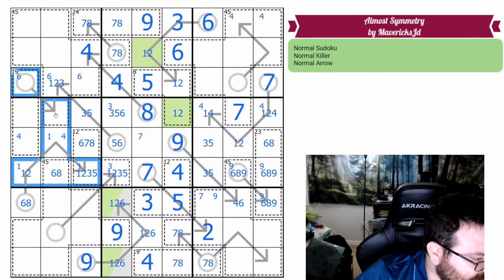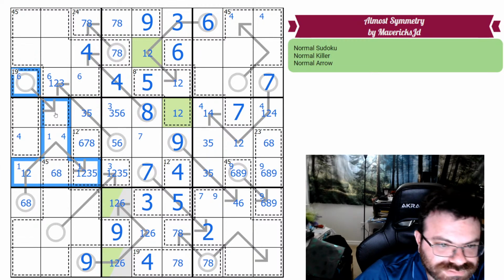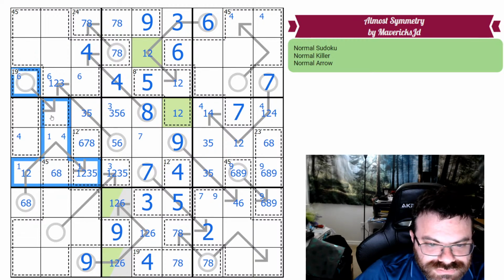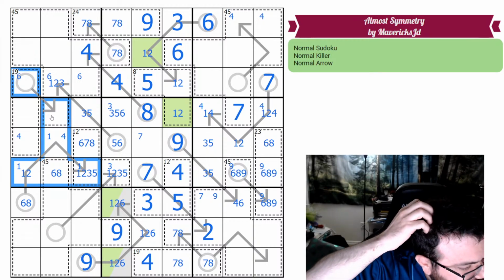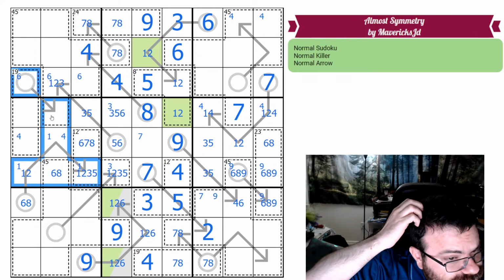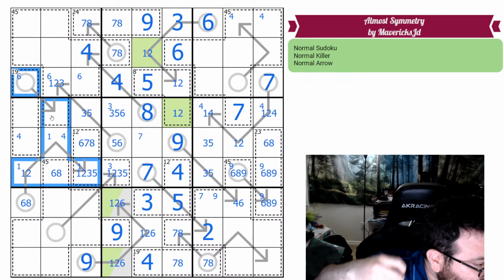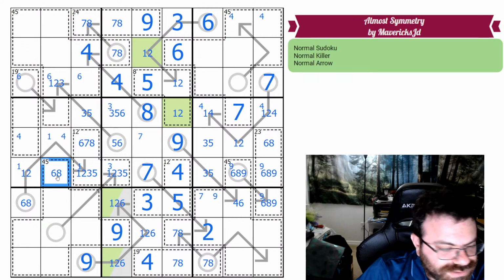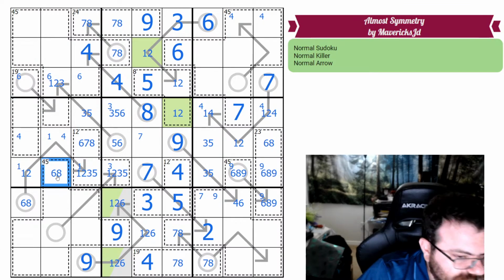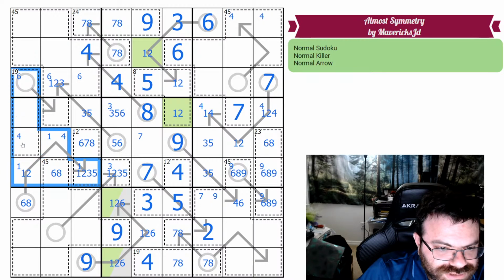Summing those together. Summing what together? 2 times row 6, column 2. Okay. Plus 19. Okay.